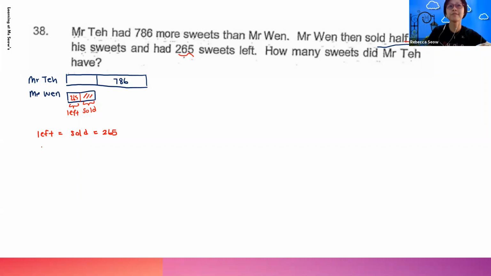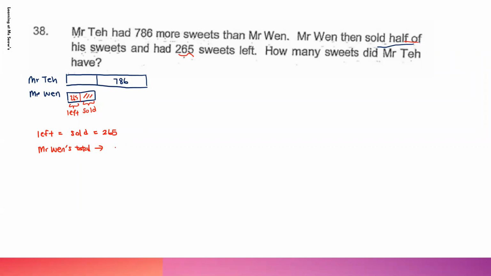Okay, so how much does Mr. Wen have at first from here? To find his total number of sweets, what we need to add is 265 times 2. Yes, 265 times 2.